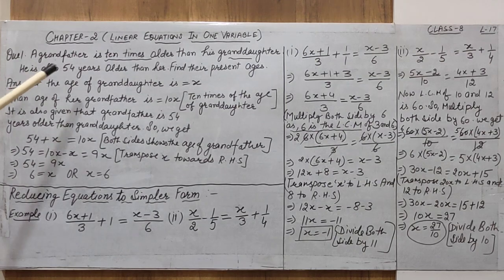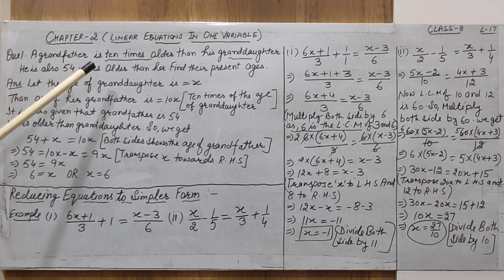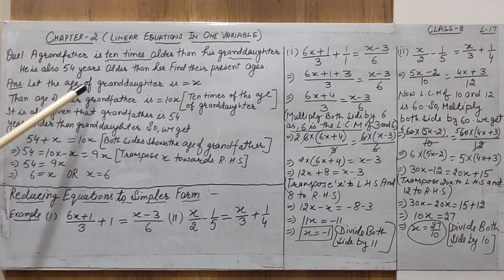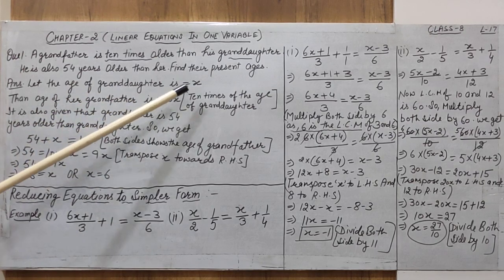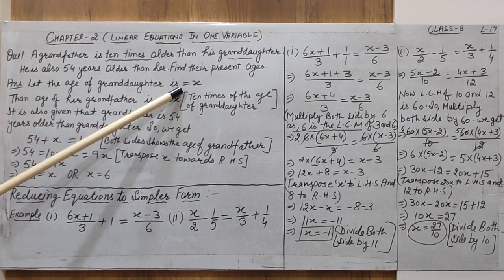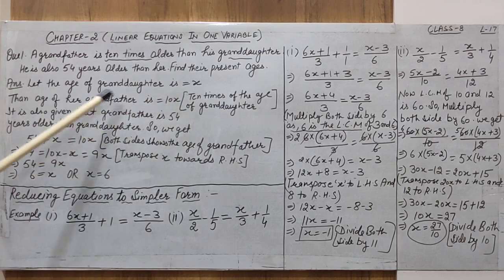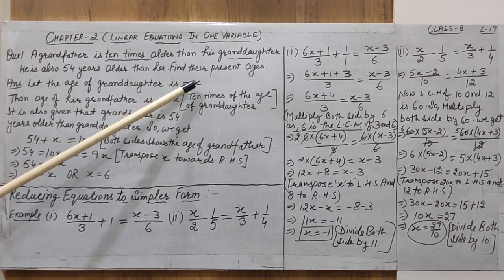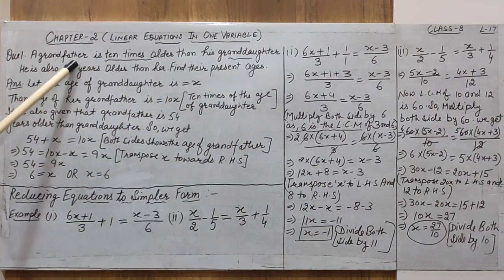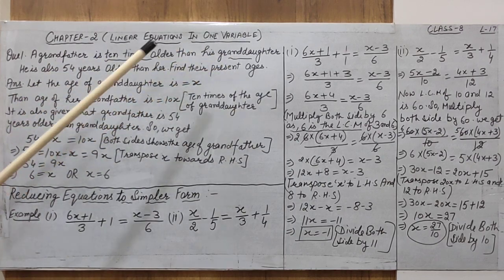So we have to suppose that let the present age of granddaughter be x. This is a very important part.